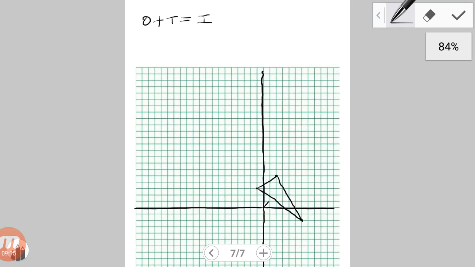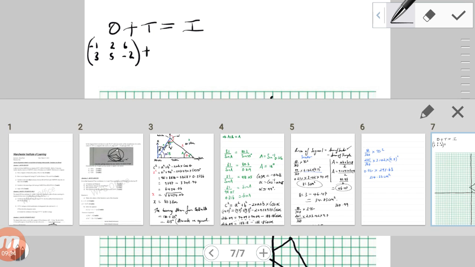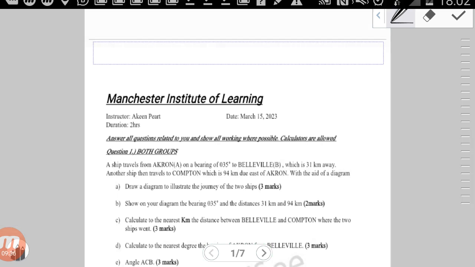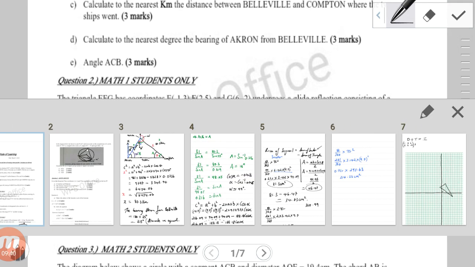And so all our object points there, which would have been, let's say here, -1, 3. I believe we had, say here, 2, 5. And we had 6, -2. Those would have been our object points. And we're going to be adding that to the translation vector, which according to the question states that the translation vector is -2, 3.